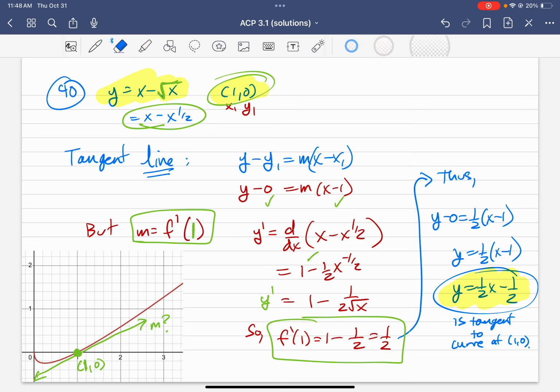So that means my slope is just 1/2 for my tangent line. So I put in my 1/2 right here, and that is the equation of my tangent line. If you want it to look nice, you can distribute the 1/2 and get this. So the line that is tangent to my curve at the point 1, 0 is just 1/2 x minus 1/2. And we're done.